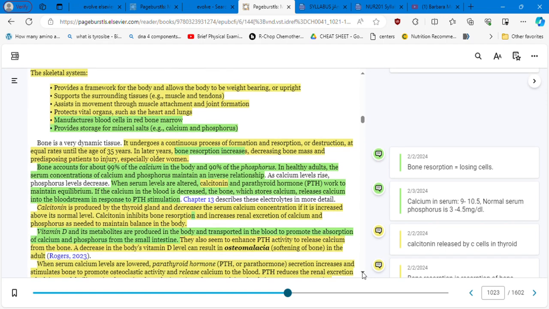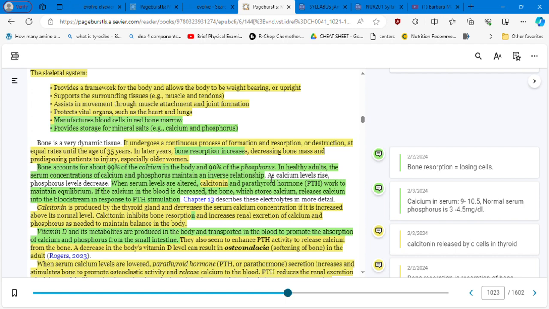Okay, so the bone accounts for about 99% of calcium in the body and 90% of the phosphorus. That's the main composition of the bone. In healthy adults, the serum concentration of calcium and phosphorus maintains an inverse relationship.